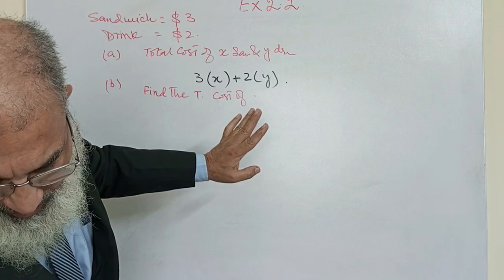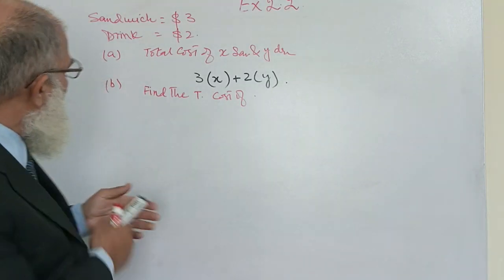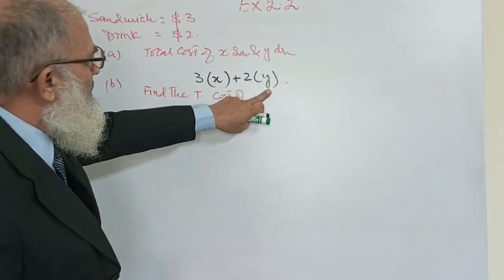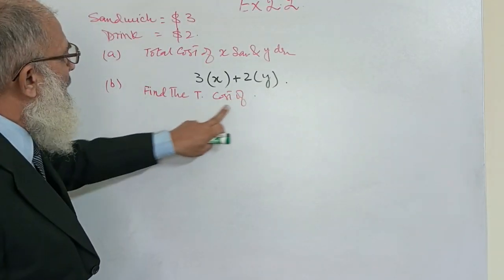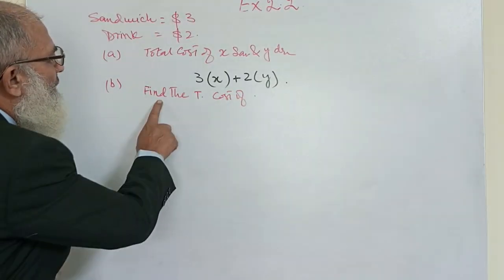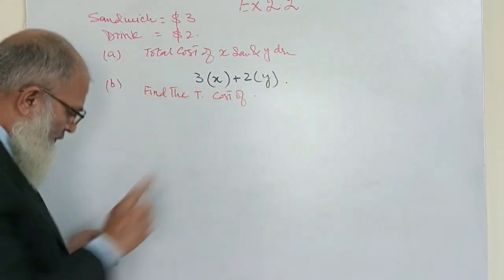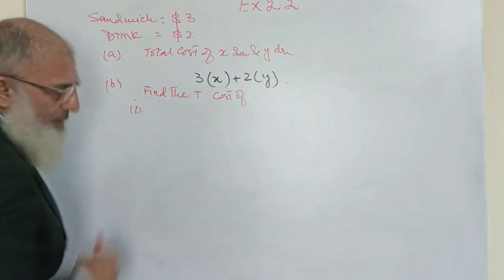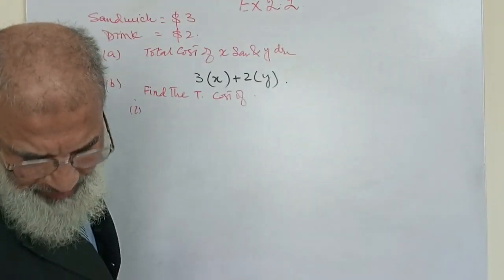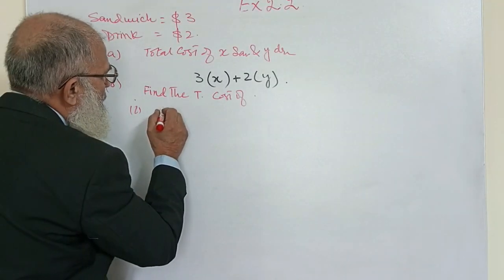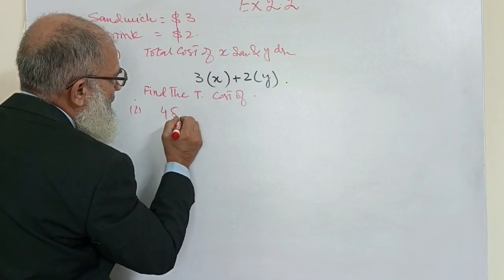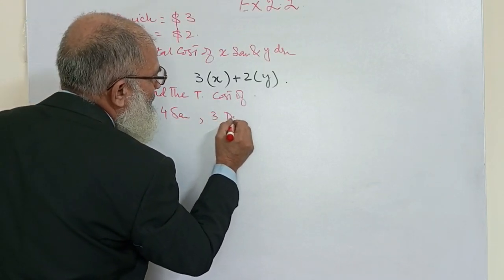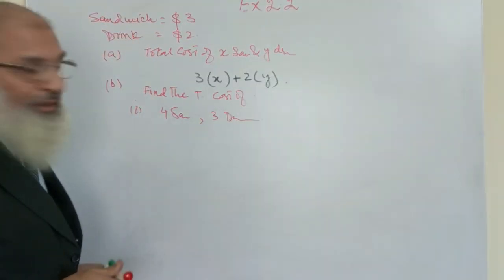Now we have to find in part B the total cost of number one. Number one is 4 sandwiches and 3 drinks.